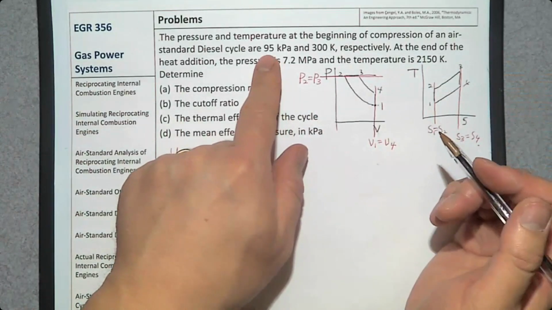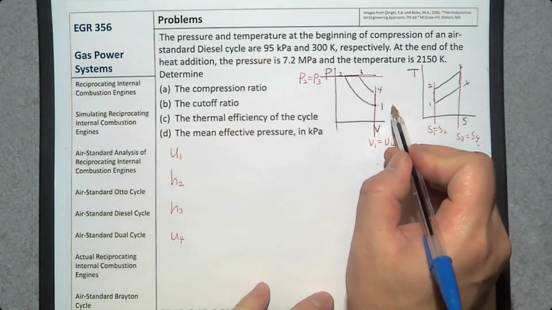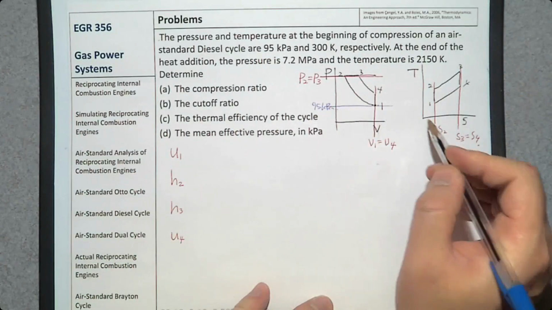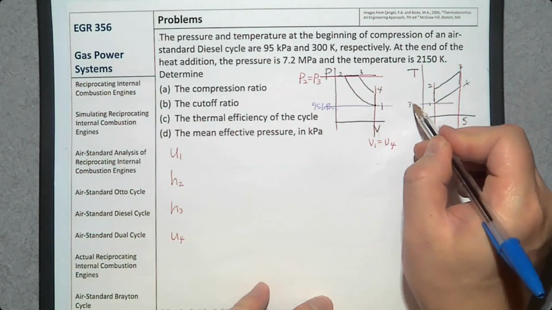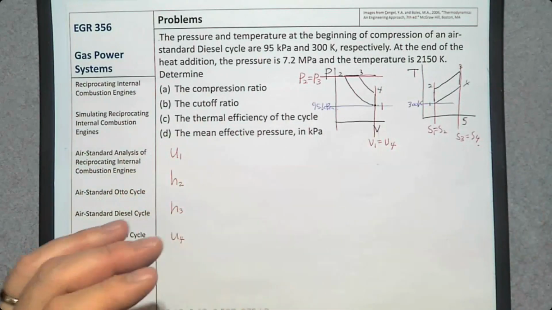The pressure at the beginning is 95 kilopascal. And temperature T1 is 300 Kelvin. When you know temperature, you can find u1, no problem.